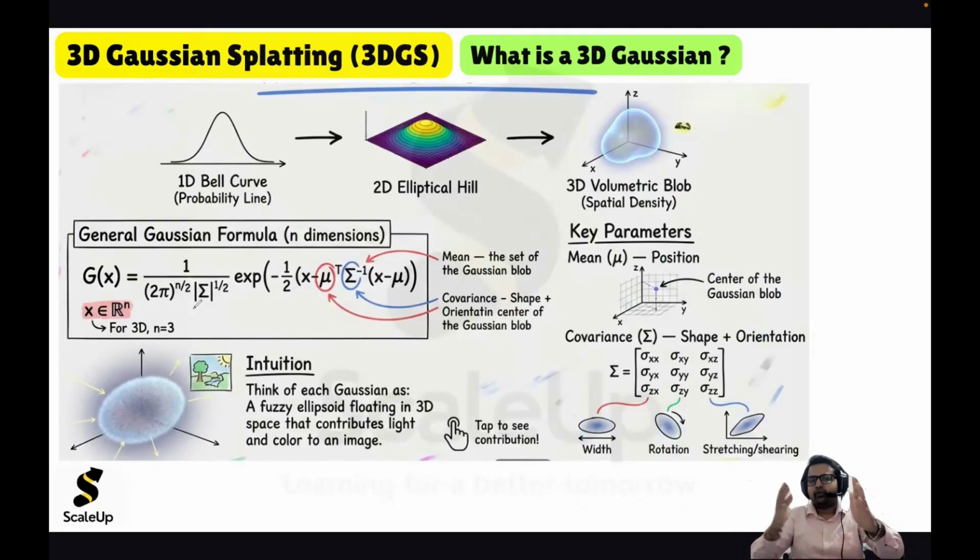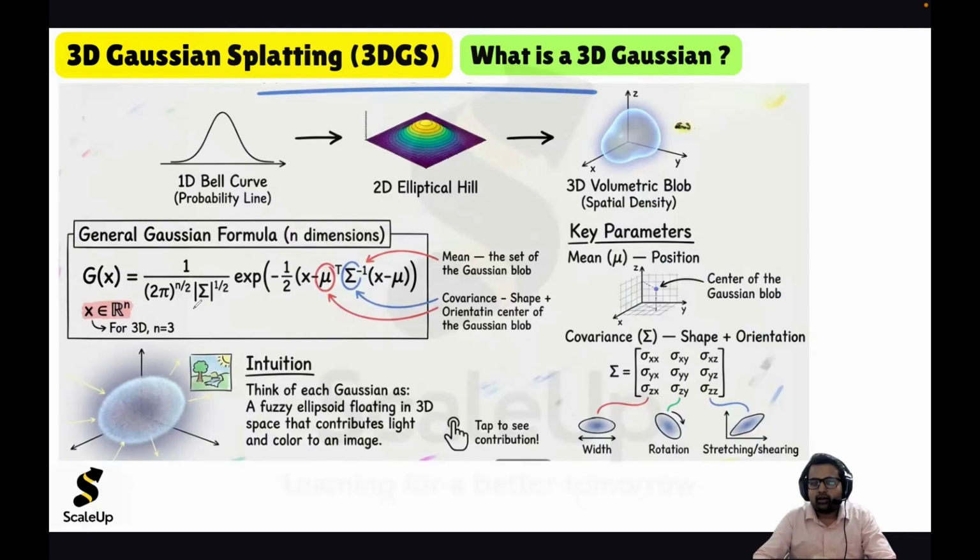With this formula, if we fix the center of a 3D Gaussian, and the covariance, which contains the shape and orientation, then with the center position, the covariance matrix and this formula, we can represent a 3D Gaussian.